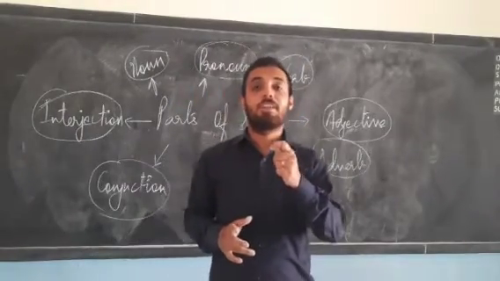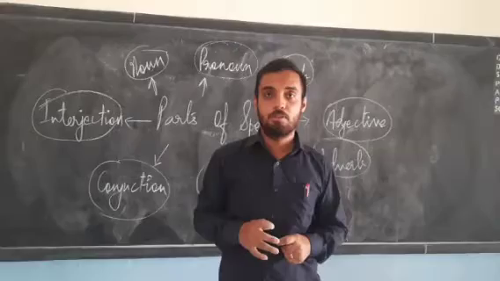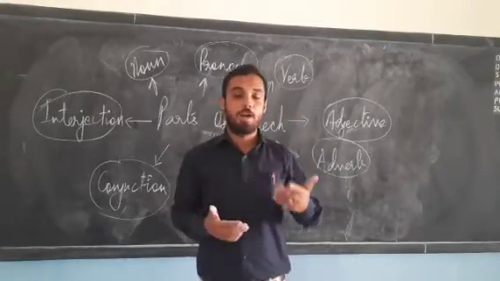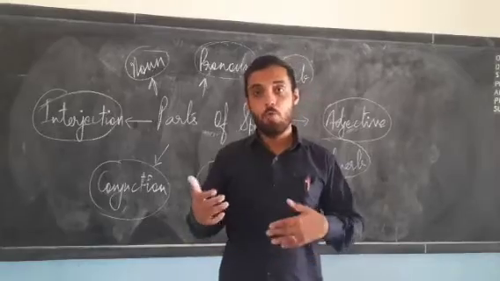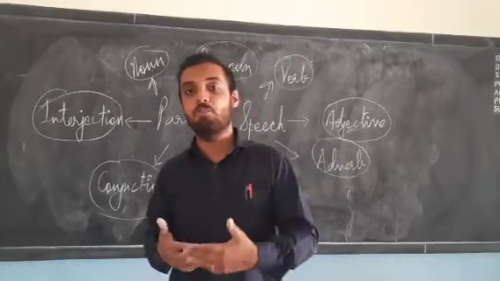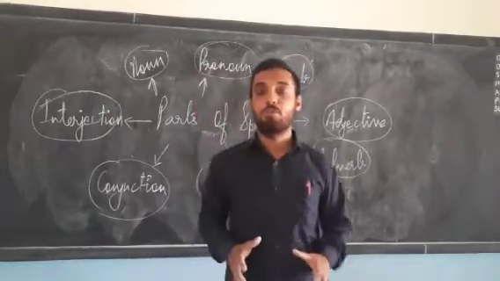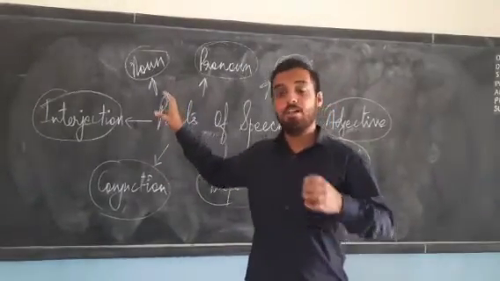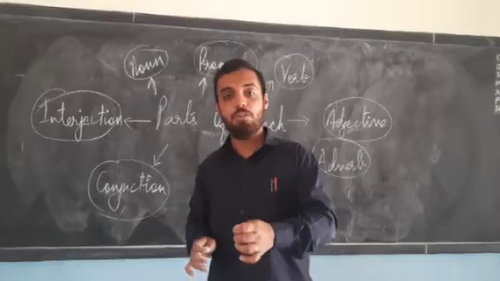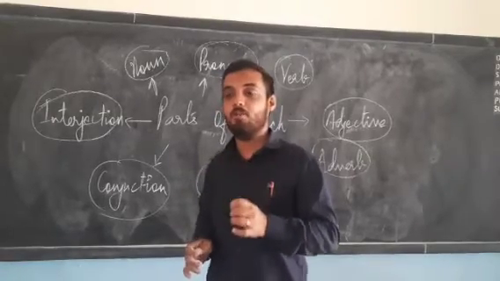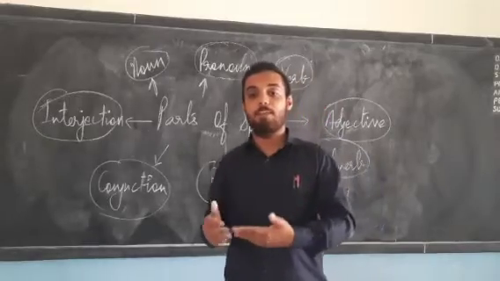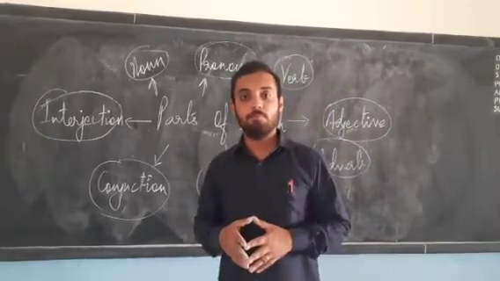There are classifications of noun: proper noun, common noun, abstract noun, collective noun. We will discuss all those when we come to that particular chapter about nouns. But first, let's understand what a noun is in short. A noun is a naming word which helps give names to a person, place, animal, or thing.